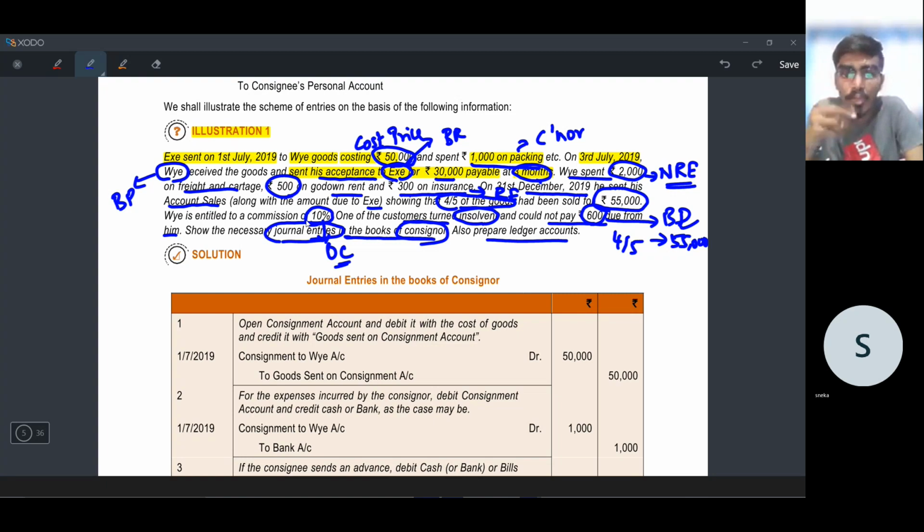So in your attempt, journal entries may come, because some students do not even touch journal entries and only do the ledger. We are also going to do the ledger first, and on the basis of the ledger we are going to prepare the journal entries.